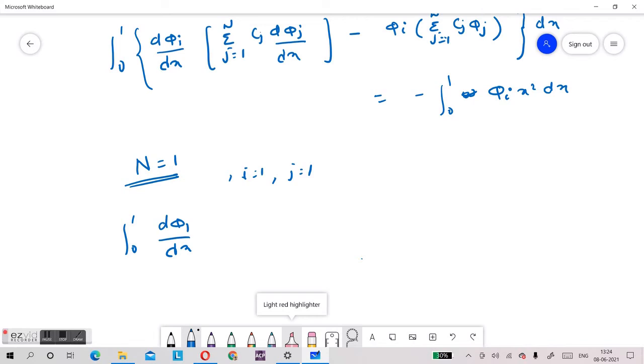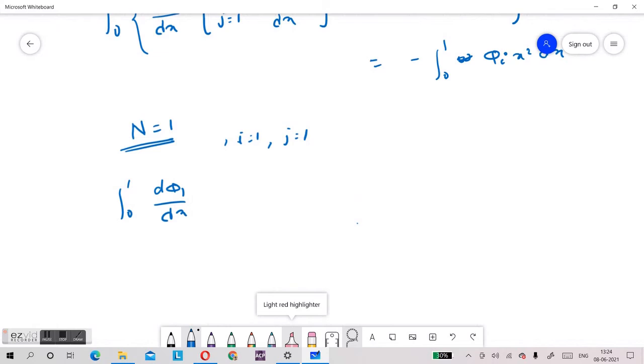This method might be a little long, but if you are using a calculator, which is allowed for us, you can easily integrate with the help of your calculator.